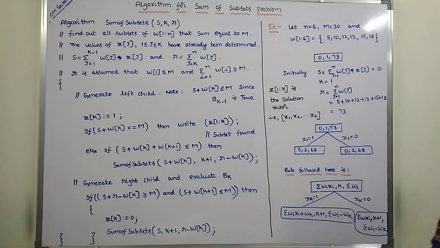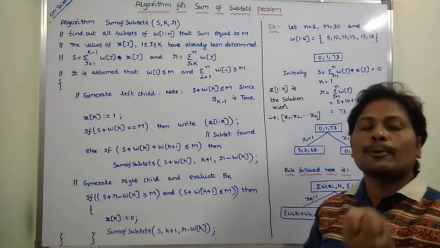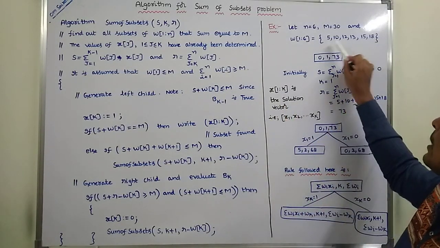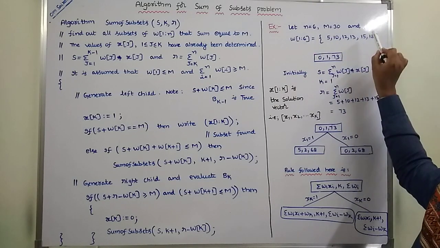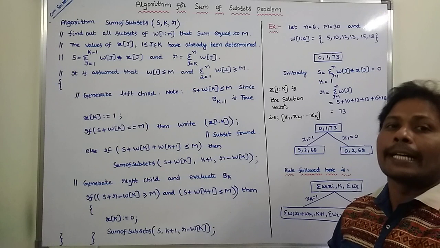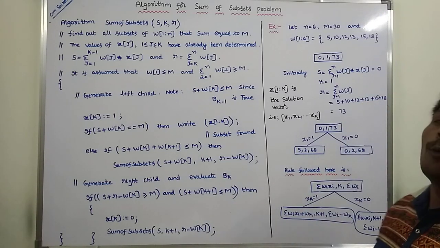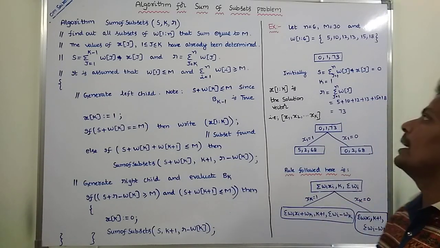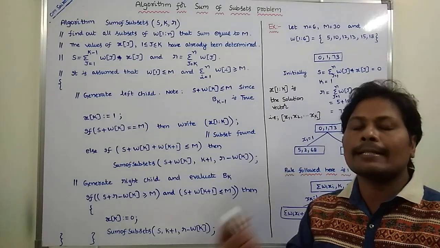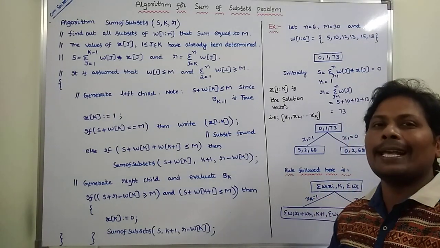Now we have to find the solution vector x of 1 to k. Among the weights in the weight vector, which weights do we have to consider? If the weight is considered, its value is 1. If the weight is not considered, its value is 0.